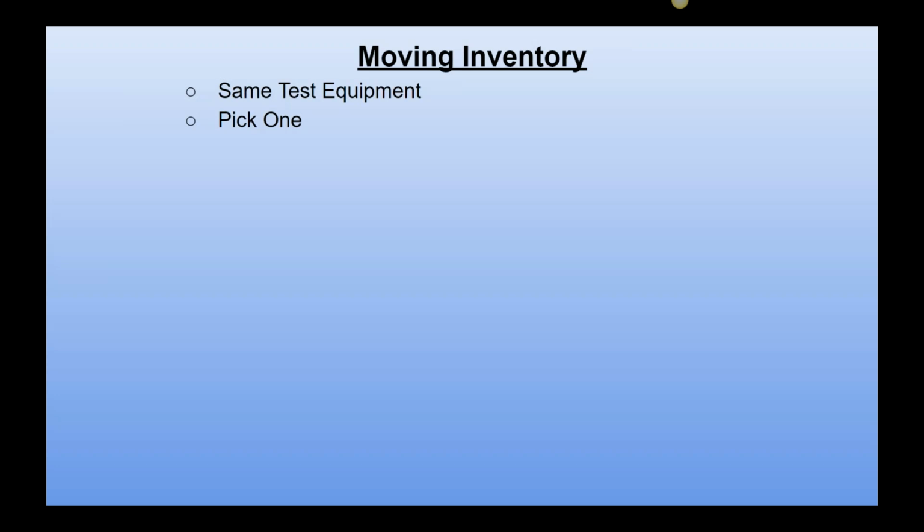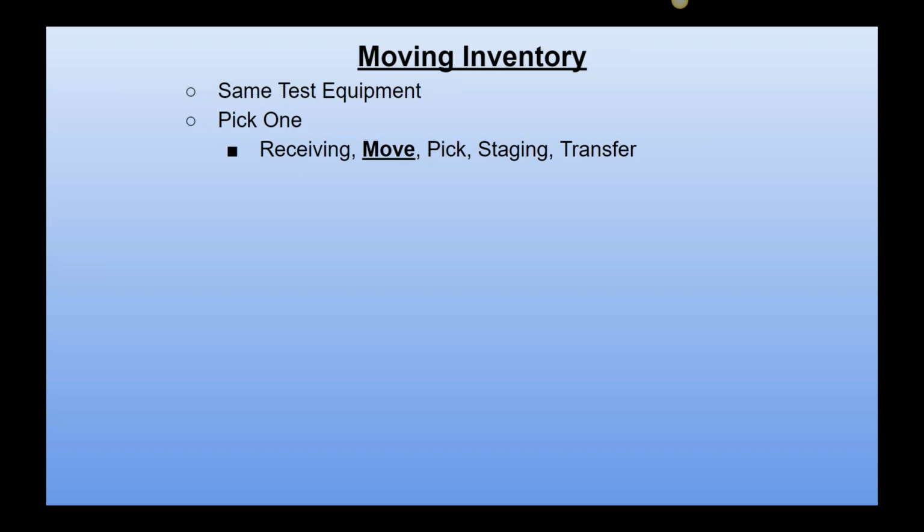Now, I put pick one here, right? So what this means is that we have multiple different options on moving things around the warehouse. And you are going to pick just one of these options.